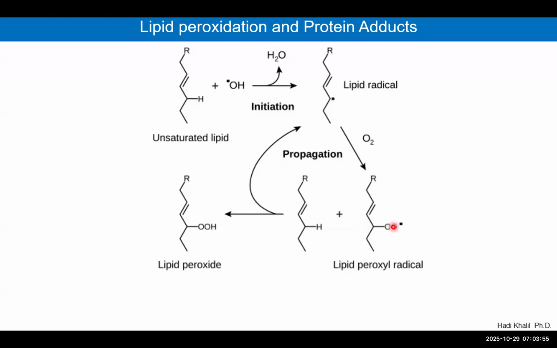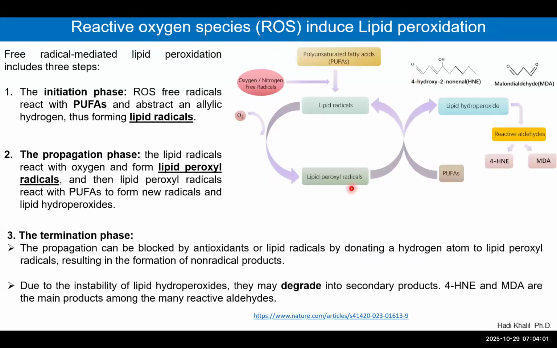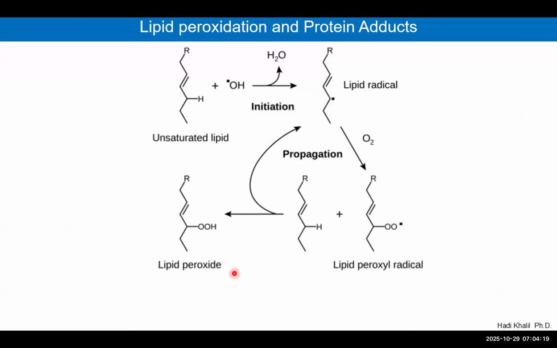Now, in the next step, this becomes the electrophile that can go and affect the unsaturated lipids. So in this slide, you can see that now this guy can affect the PUFAs, which are represented here for you. So it attacks the PUFAs, and now you generate the lipid hydroperoxide, this guy here, the lipid peroxide, where you have OOH attached.